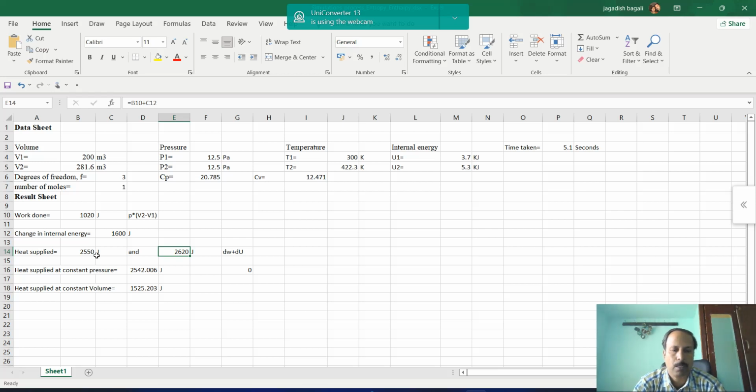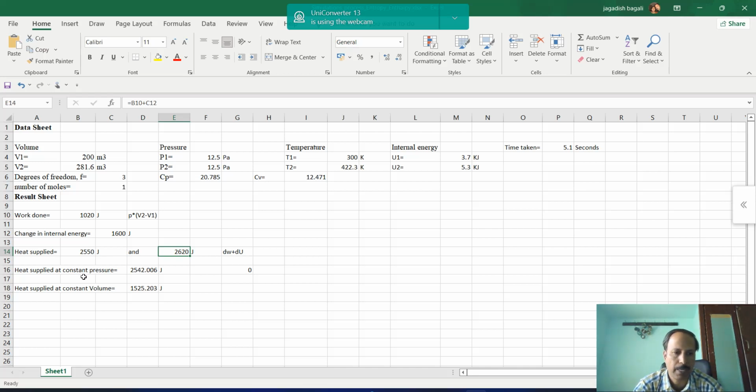Now, during a constant pressure process, the heat supplied must be equal to the enthalpy change, which must be equal to the sum of work done and the change in internal energy.